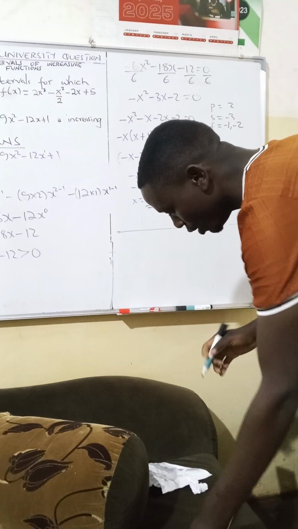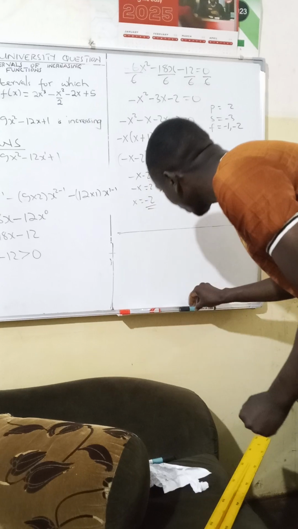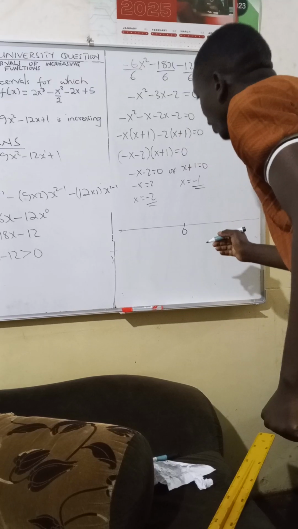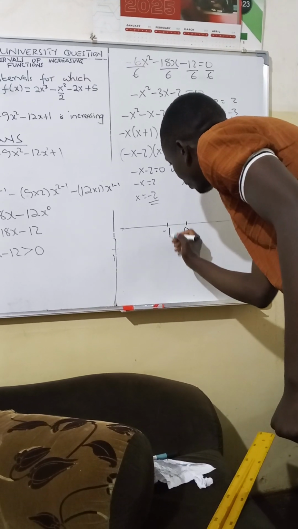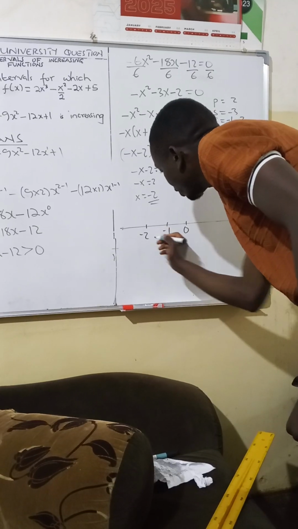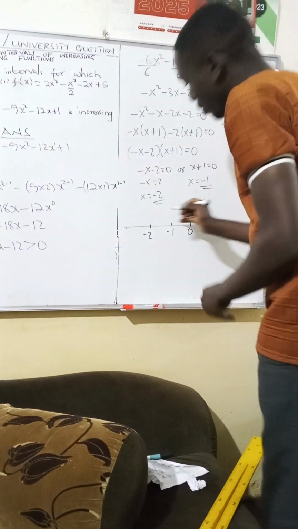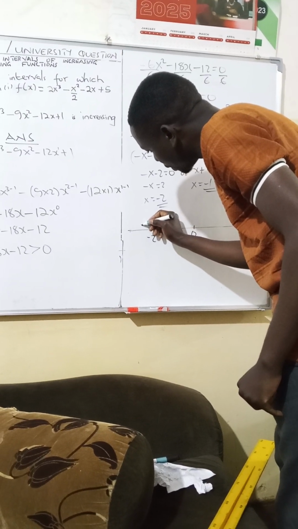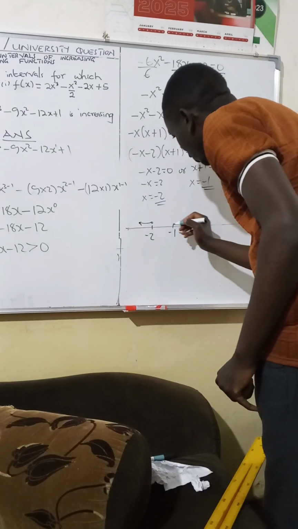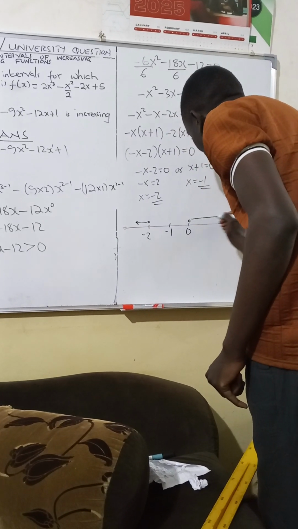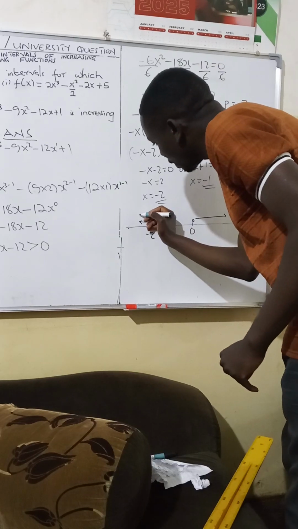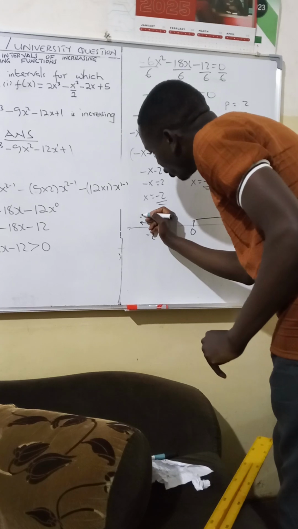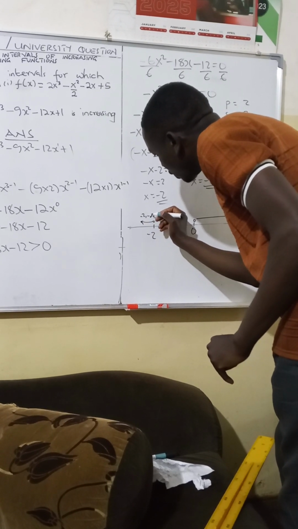I'm going to draw a number line. Then on the middle of 0, on my left hand side, I have negative 1, on the other end, I have negative 2. So the intervals, going from here to here, from negative 2 to negative infinity.